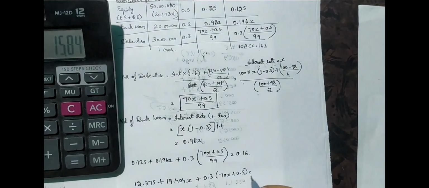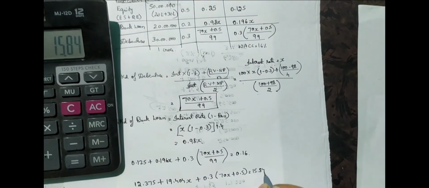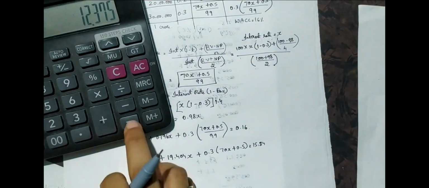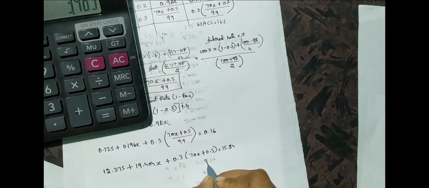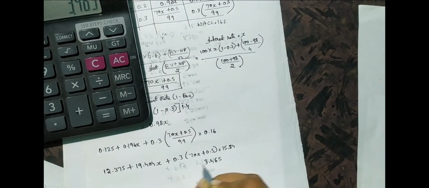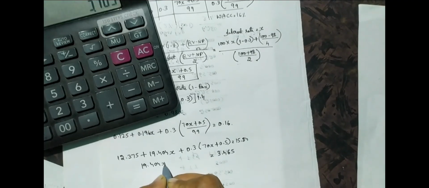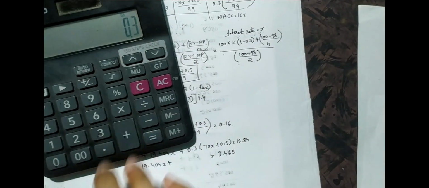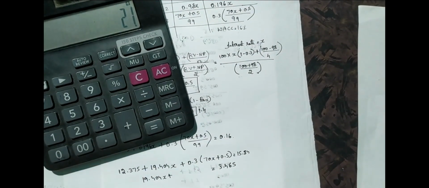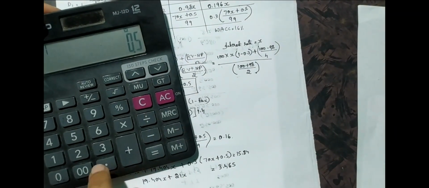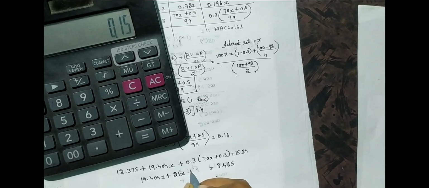This is 15.84. So 15.84 minus 12.375 is 3.465, and then 19.404x plus 0.3 into 70, that is 21x, and 0.5 into 0.3, that is 0.15.